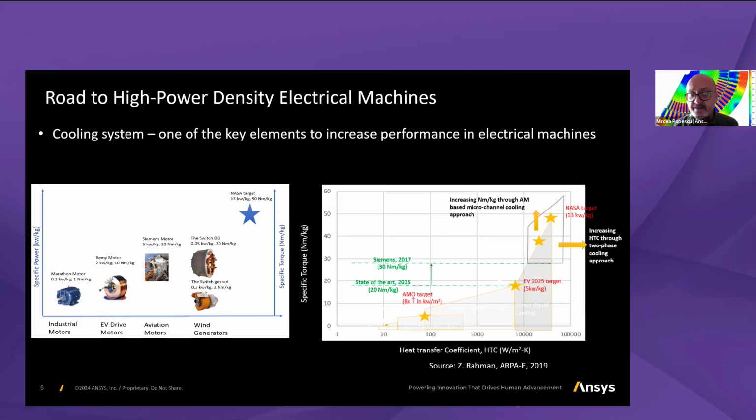Or otherwise said, we have to increase the heat transfer coefficient. These machines are typically cooled using forced liquid. And therefore, to push further to higher torque and power density, we have to be able to increase the heat transfer coefficient. And here you can see different considerations, what you can achieve using different cooling techniques.